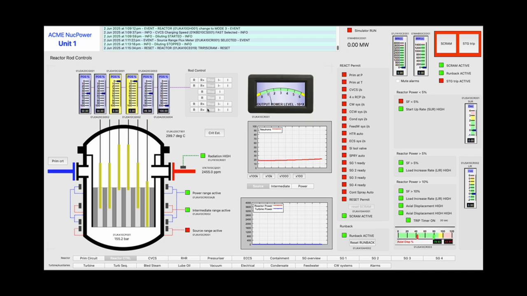Retract control rod 4 and stop it at the 50% position.